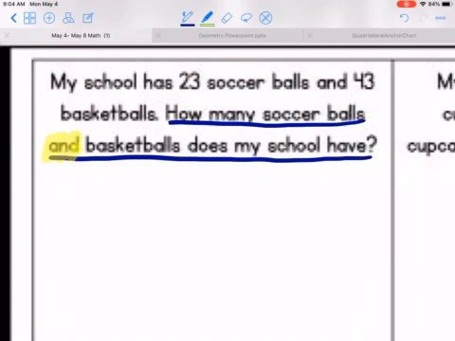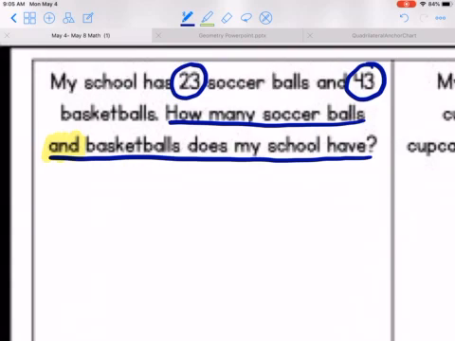I'm going to highlight this word "and" because that's important. Now I need to figure out how many soccer balls there are and how many basketballs. So there are 23 soccer balls and 43 basketballs. Now, this is not always the case, but this word "and" in the context of this question is very important. When we see that word "and," that means we're going to put them together, okay?